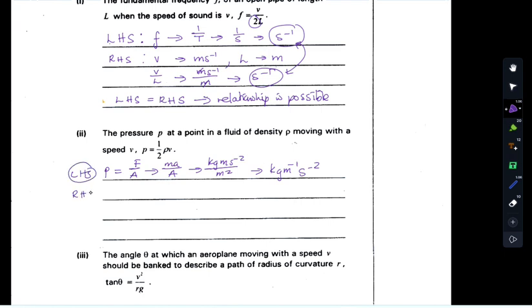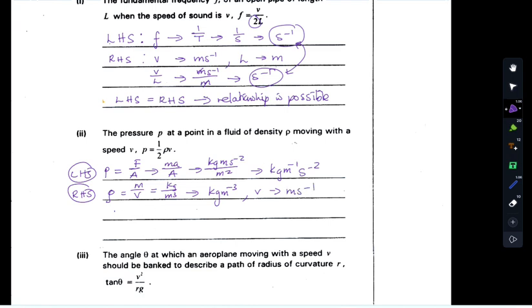Now let's look at the right hand side. We can ignore the half part, but then we have rho, which is density, mass over volume. This translates to kg per meter cubed. And also we have v, which is meters per second.